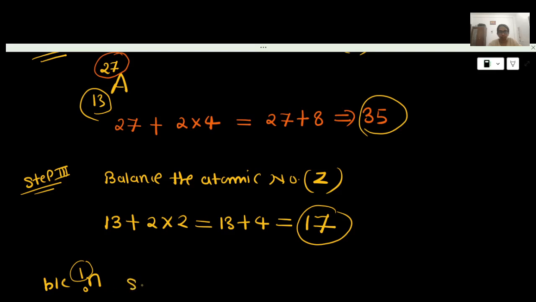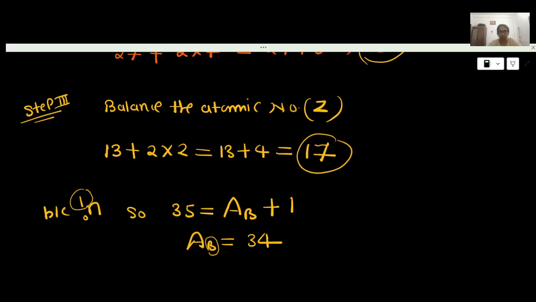So now write 35 is equal to A_B plus 1. That is, the product B, its mass number A will be 34 as per our calculation, right.